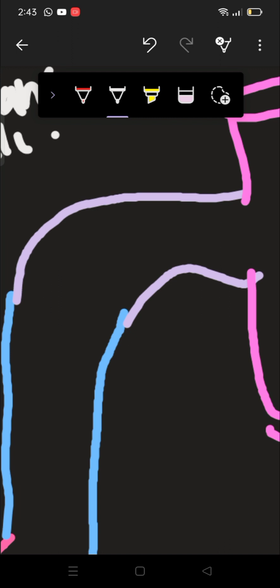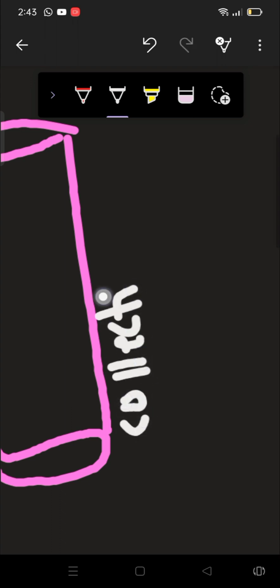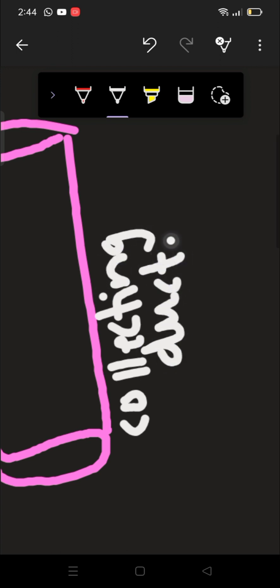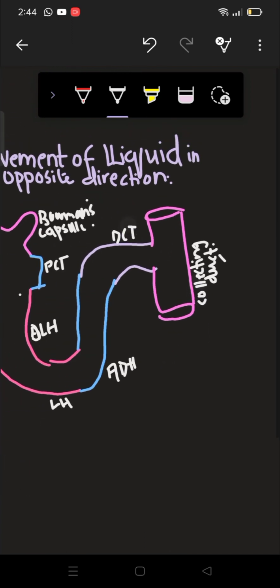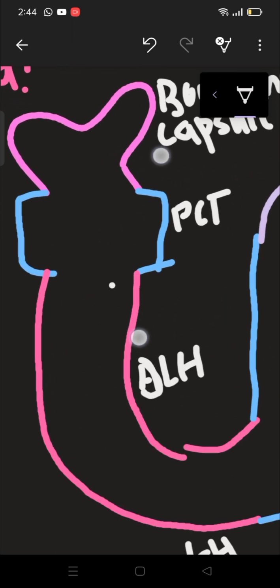This is DCT we do have, and here ultimately we do have collecting duct. So here I have labeled this diagram, as you can see.